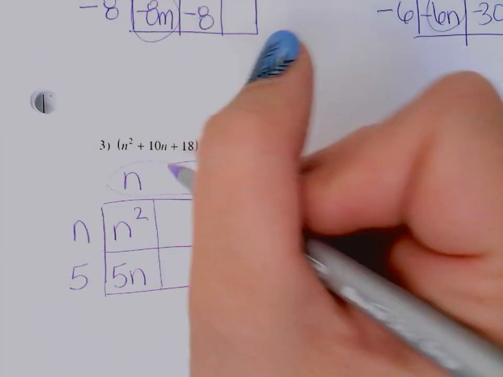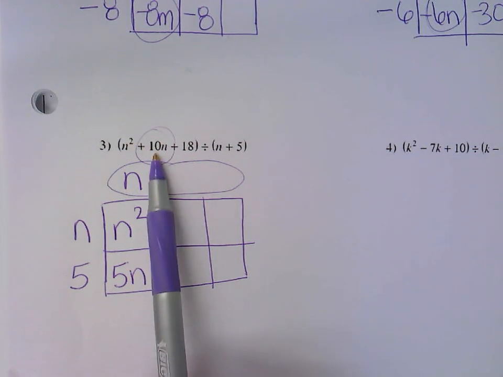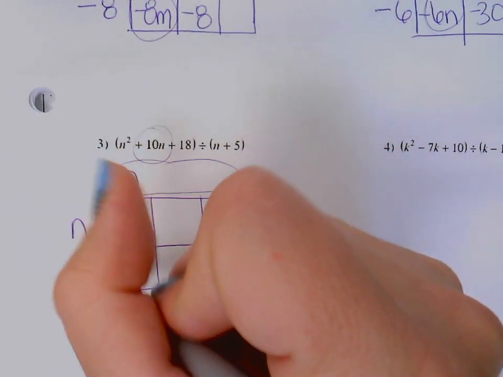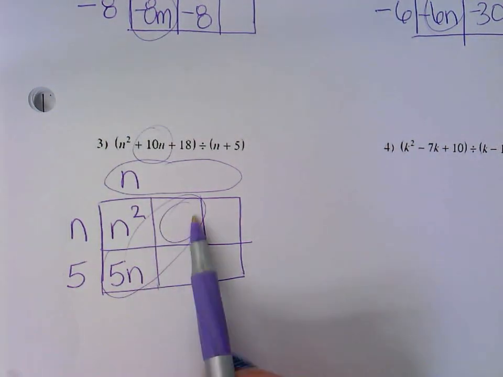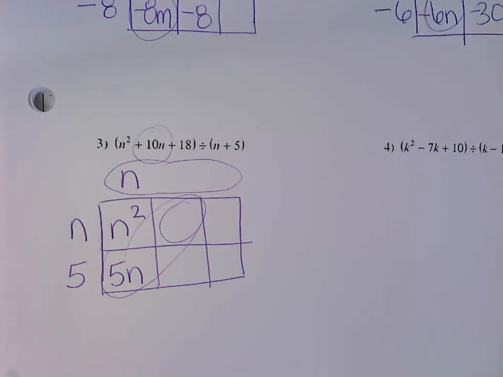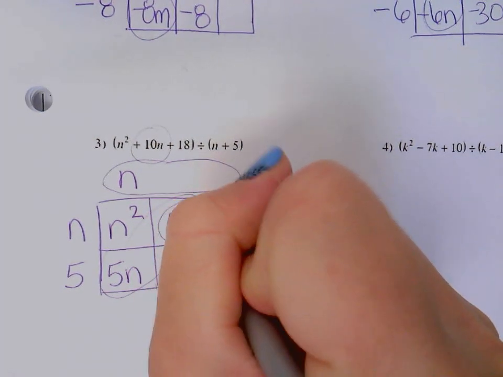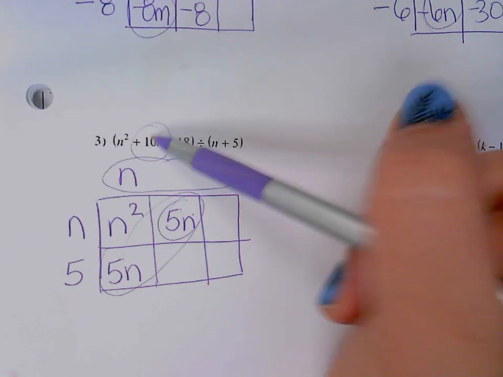How much did I want to get? I wanted 10n. So what has to go here so that I get 10n total? I need another 5n, right? You're trying to balance everything. So 5n plus 5n gives me the 10n for my dividend.